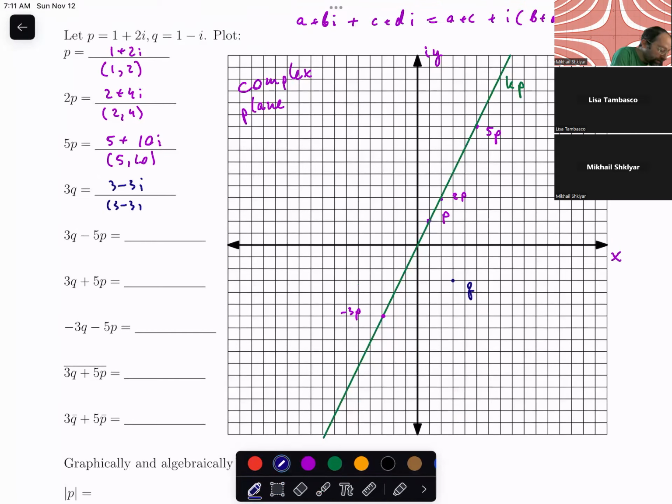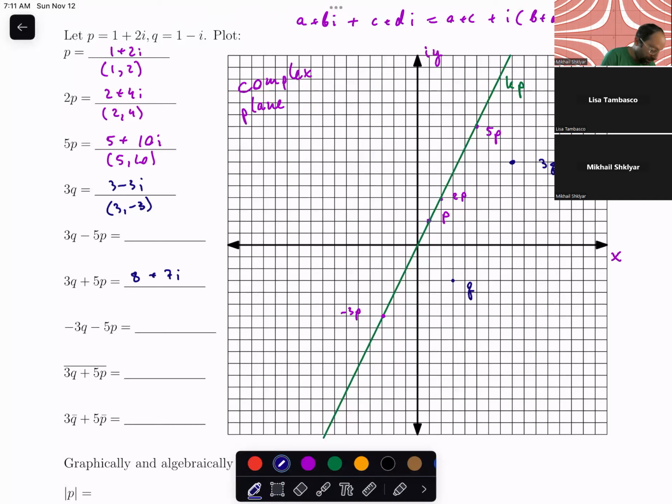If I add them, I'm gonna get 5 plus 3 is 8, 10 minus 3 is 7, so it's gonna be 8 plus 7i. Let's see if I can count that. 1, 2, 3, 4, 5, 6, 7, 8. 1, 2, 3, 4, 5, 6, 7. So it should be over here. So this should be 3q plus 5p.